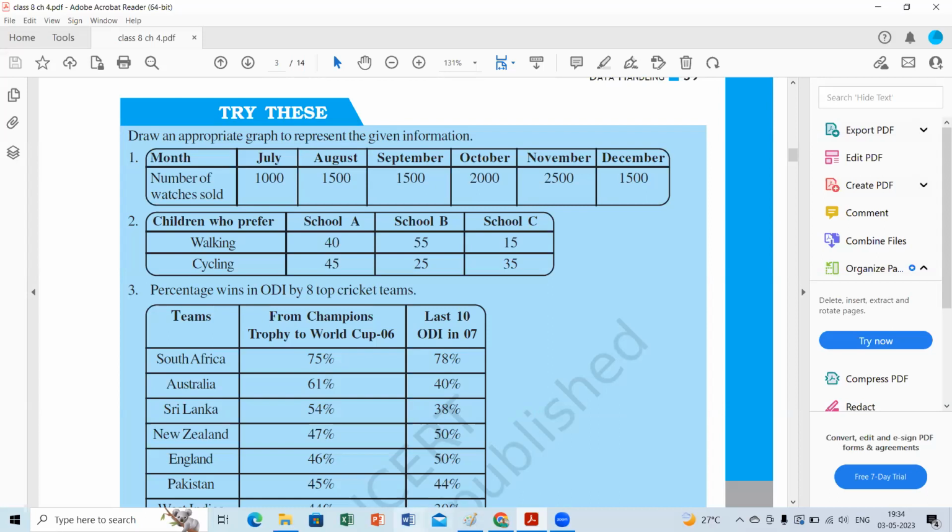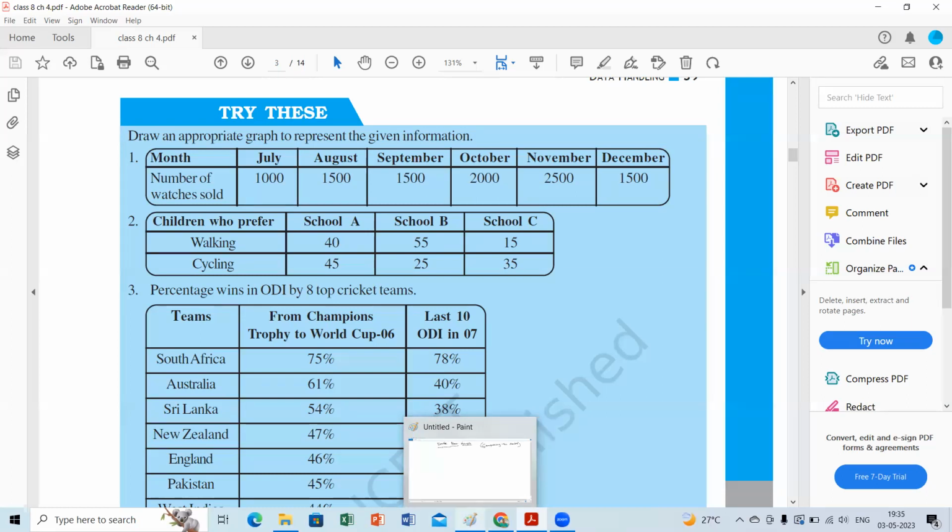What is the title for this double bar graph, children? Children who prefer cycling or walking. Any other things?